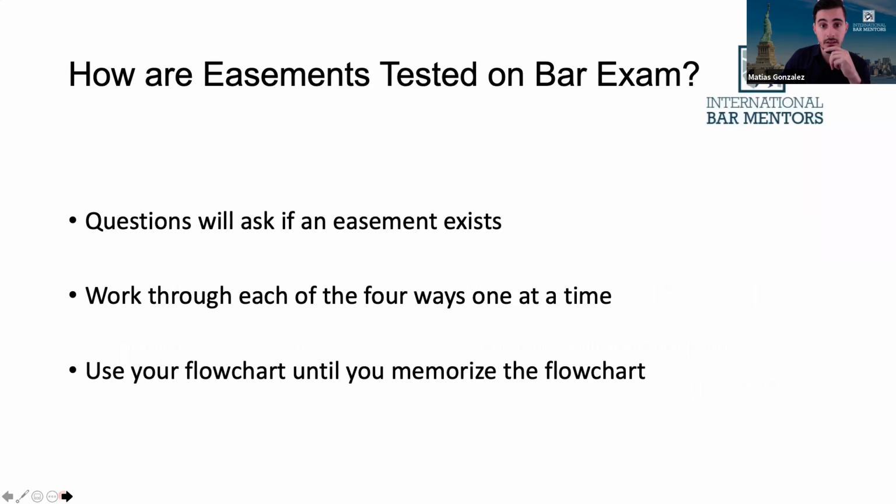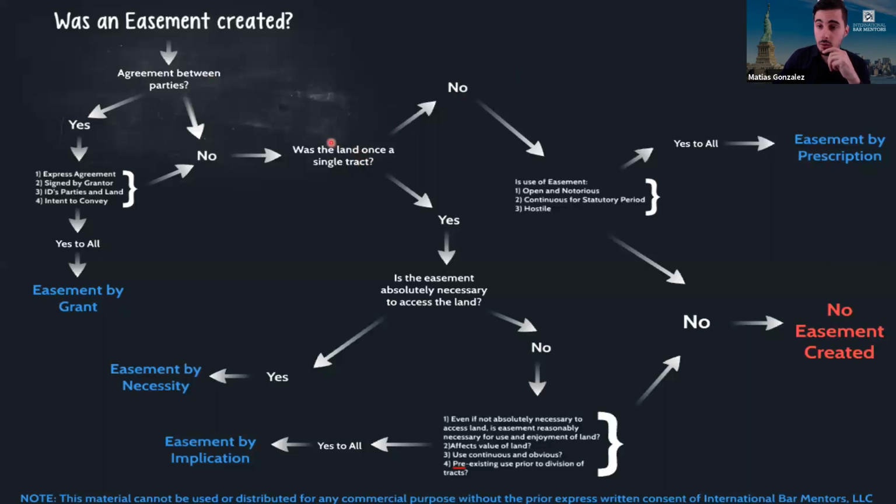Notice how in our chart, we're working our way through those elements by asking the questions on if they're met, right? So we ask, was it once a single tract, which shows it was under common ownership? If it was, we're inferring that it no longer is, right? So if you answer yes to both of those, right? Then the next question is, is the easement absolutely necessary to access the land? If you answer yes to that question, then you're done. You have an easement by necessity, right?